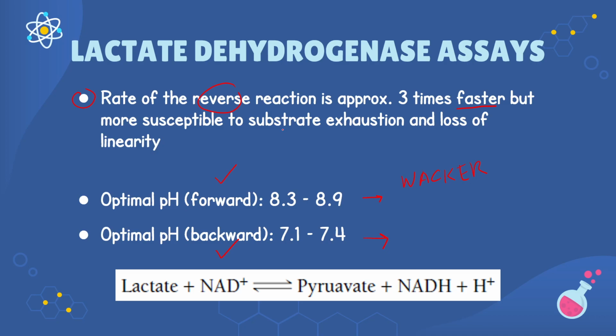For your reverse, that is what we call your Wroblewski-Ledoux. Although I'm not quite sure if I pronounced it right, this is how you spell the name of the method. So again, for your forward reaction, that is your Walker method. For your reverse reaction, that is your Wroblewski-Ledoux.